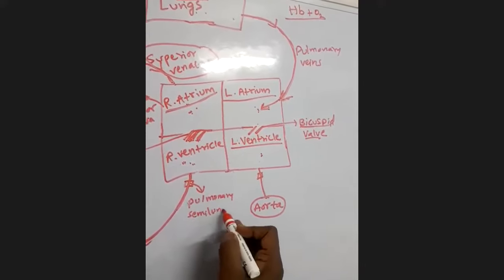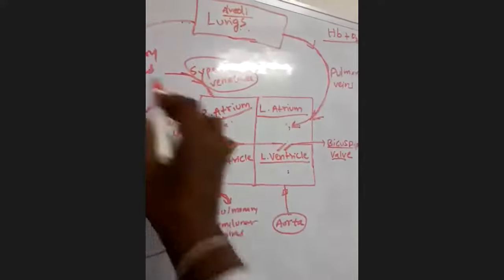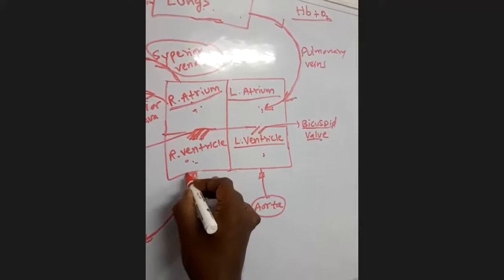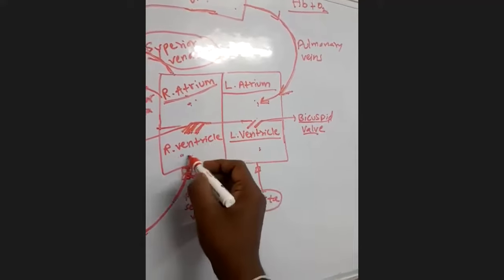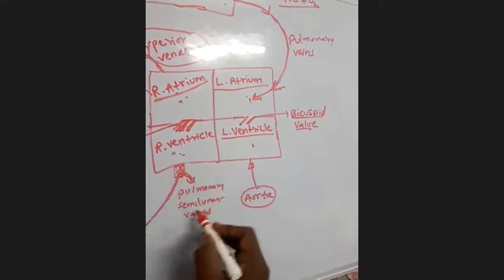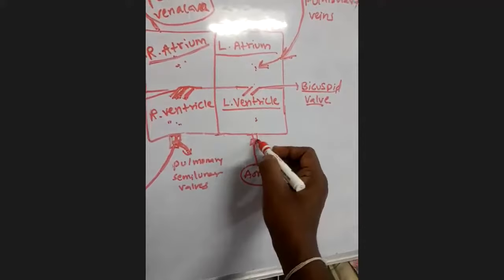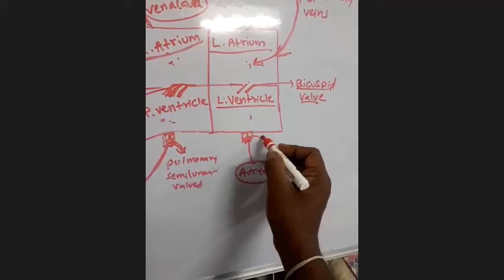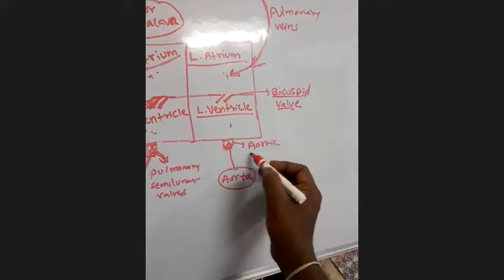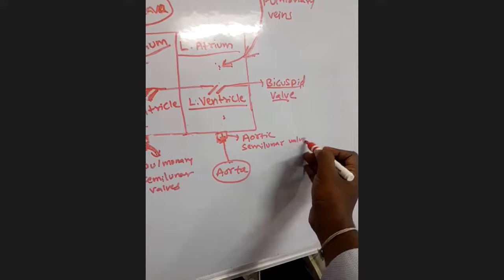So in this pulmonary artery, that means at this point where the blood in the right ventricle is emptied into the pulmonary artery, you will have the pulmonary semilunar valve. And at this point also, the aortic semilunar valve will be there, right?